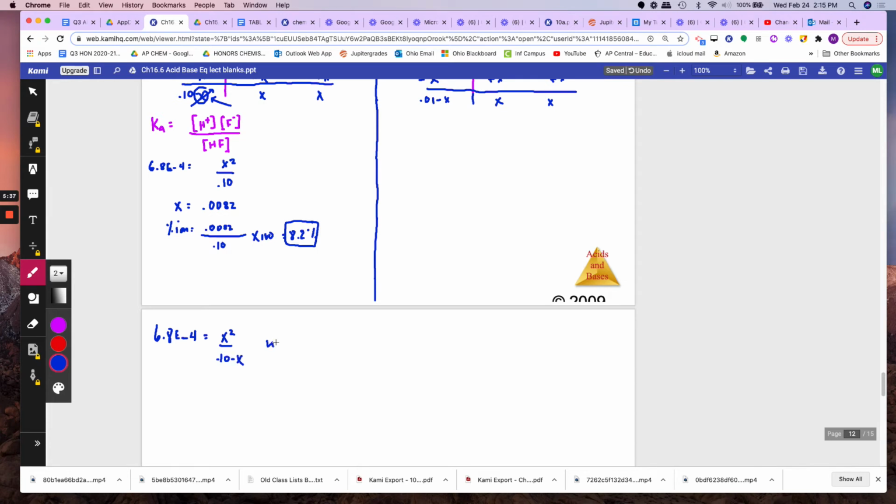I won't show the quadratic here. But when I use the quadratic, I got x is equal to 0.0079.